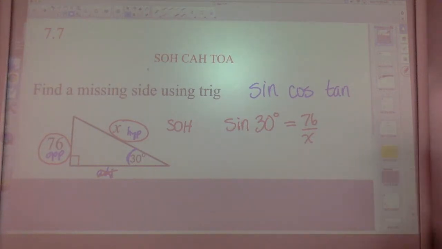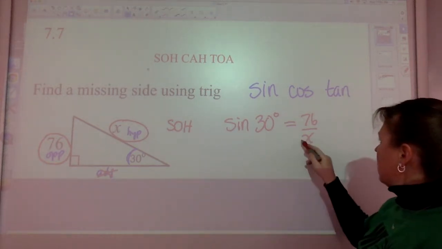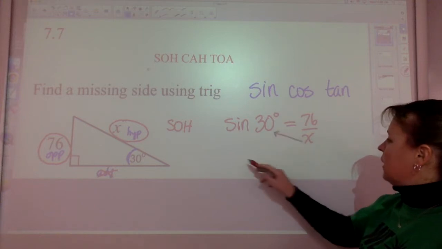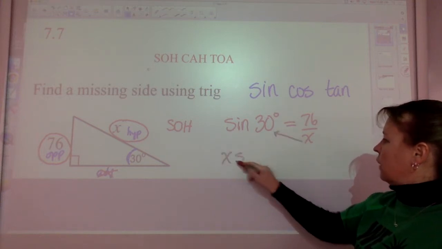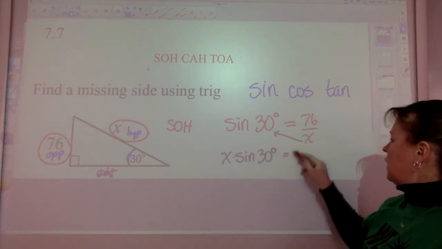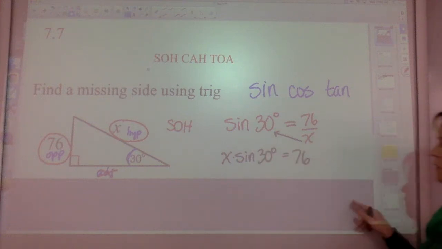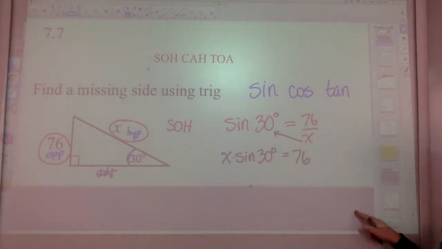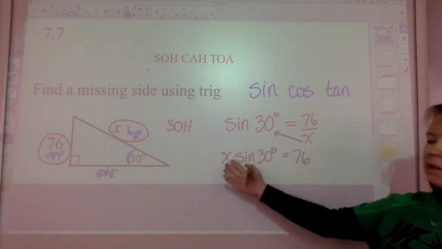Unfortunately, you can't solve a proportion if the x is in the denominator. You have to multiply it up into the numerator. So we cross multiply and put the x up here. X times the sine of 30 degrees equals 76. But then we've got to divide to get x by itself.